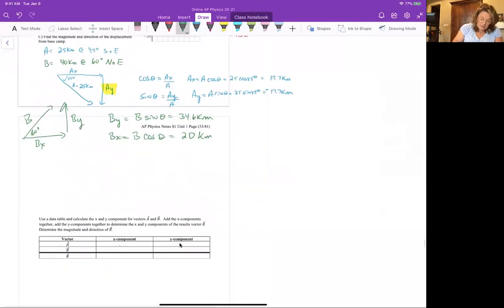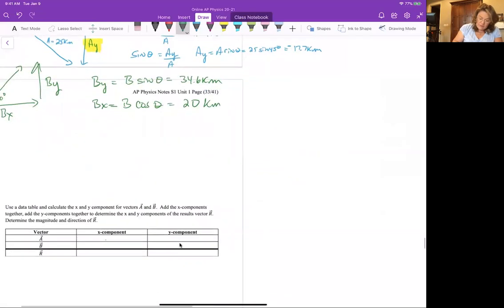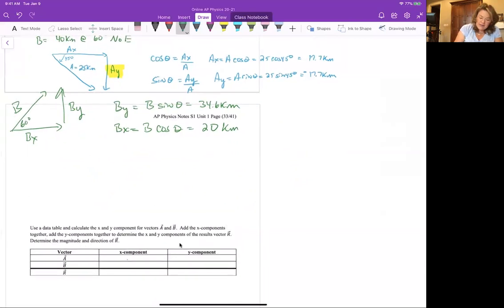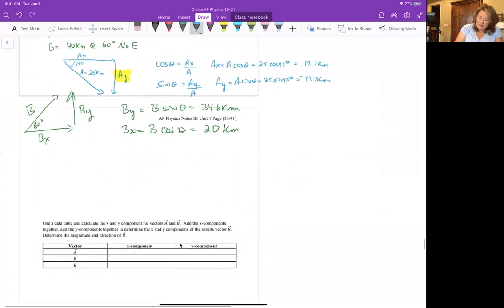Now, I have constructed a data table for this problem. And I like to keep track of my data in a table in all cases personally. So I want to know A's values: in the x it's 17.7. What is it in the y? Negative 17.7.